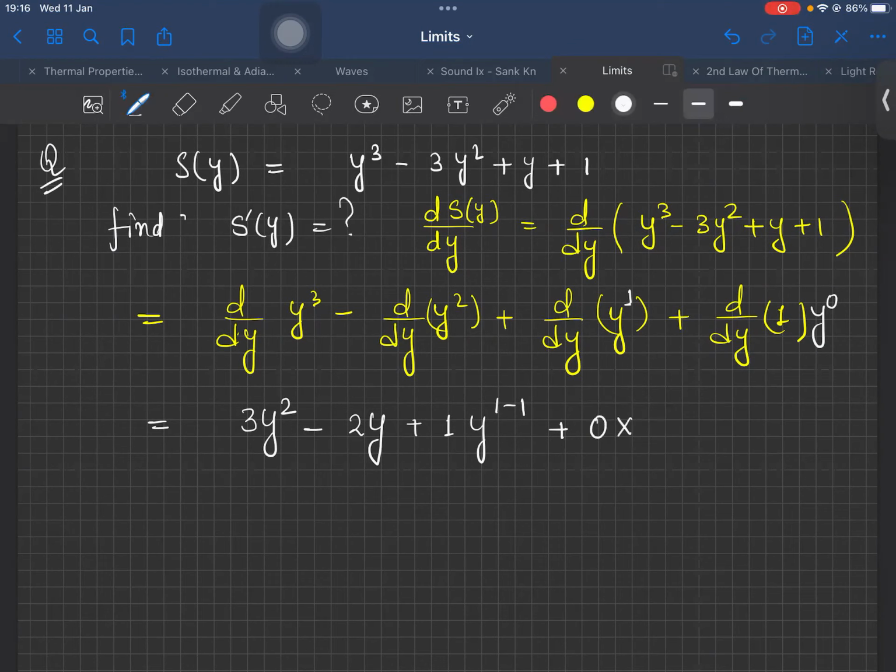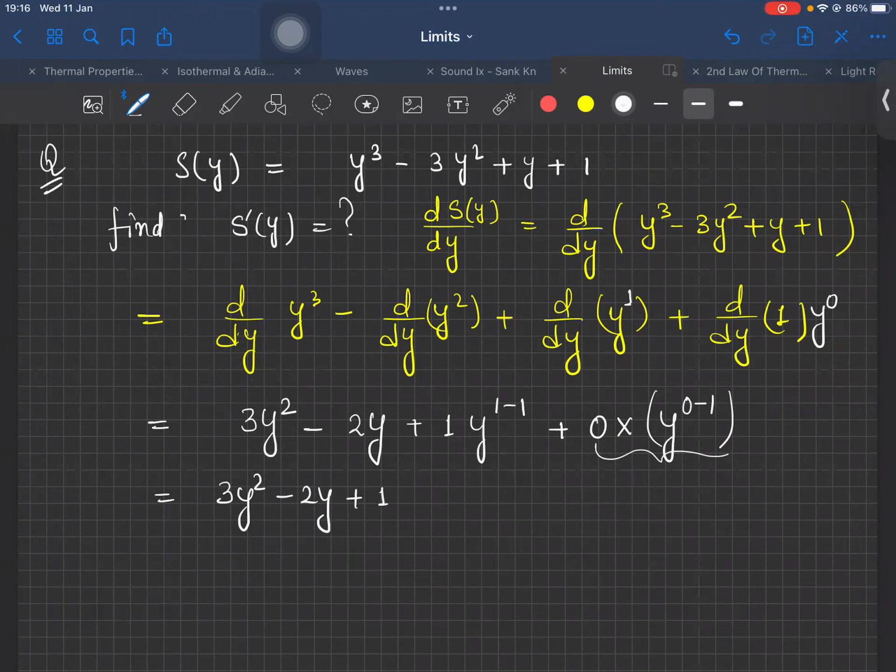0 multiplied by y to the power of 0 minus 1. What will this become? 0. 0 into anything will be 0, unless y is infinity. So this will be equal to 3y square minus 2y plus 1.